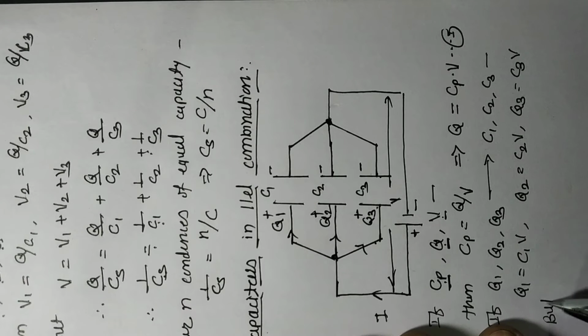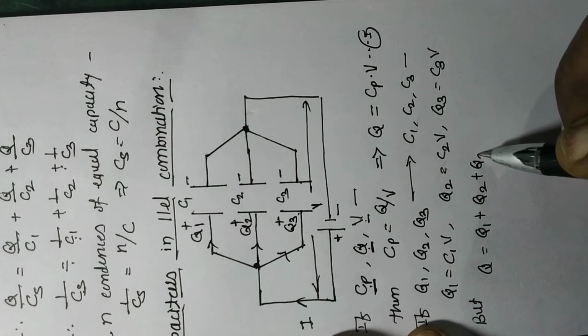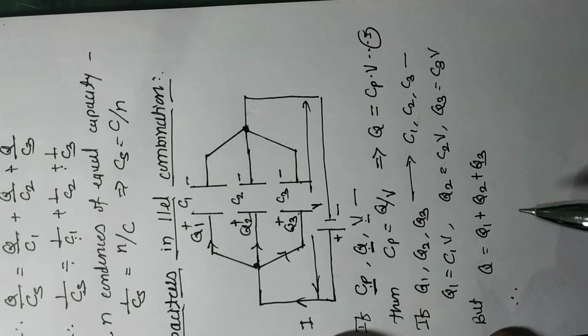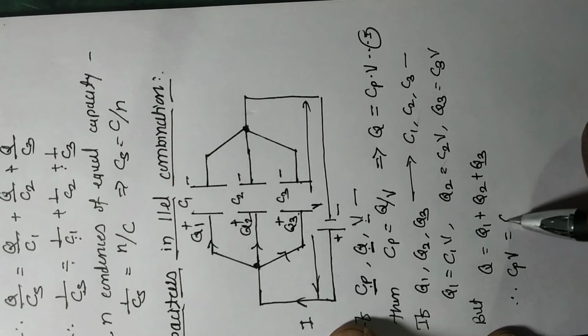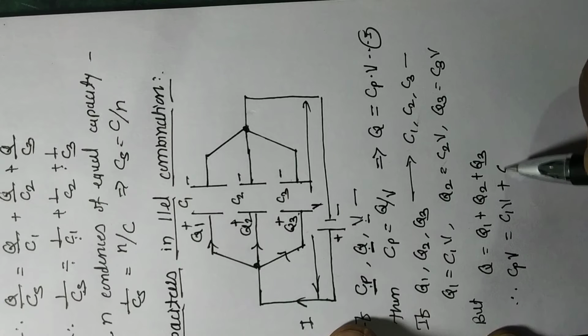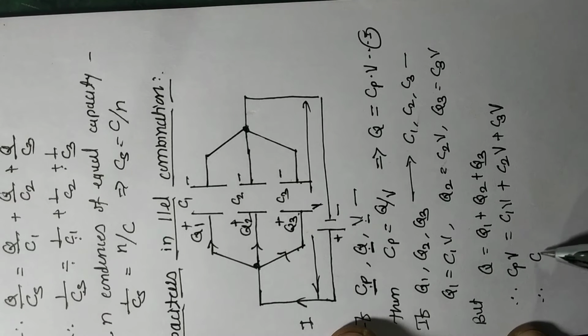But total charge is nothing but Q1 plus Q2 plus Q3, therefore Q, that is Cp Phi, is equal to C1 Phi plus C2 Phi plus C3 Phi. Taking Phi common, we get Cp is equal to C1 plus C2 plus C3.